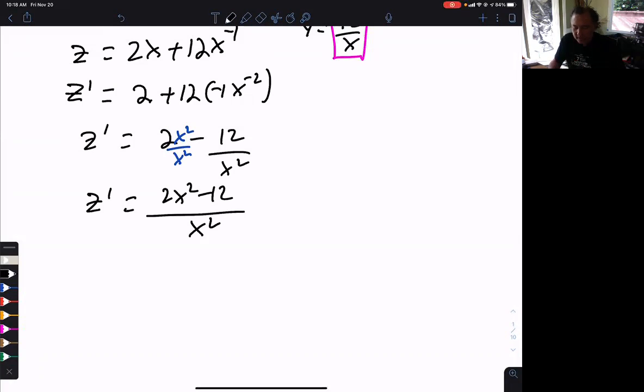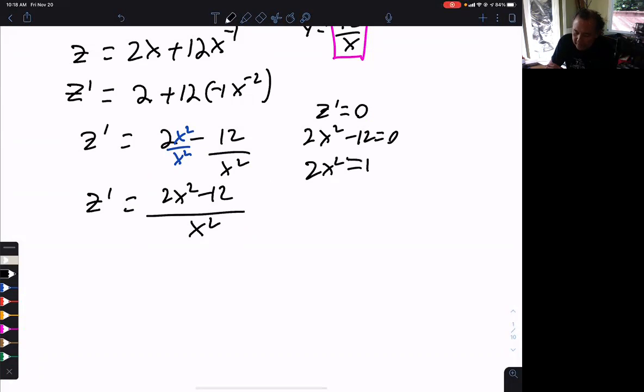Okay, let's keep going. How do I find critical points? It's where the derivative is 0. Well, when is this 0? When the numerator is 0. So I set the numerator equal to 0, add 12 to both sides.